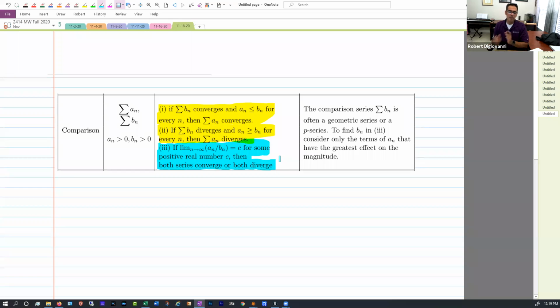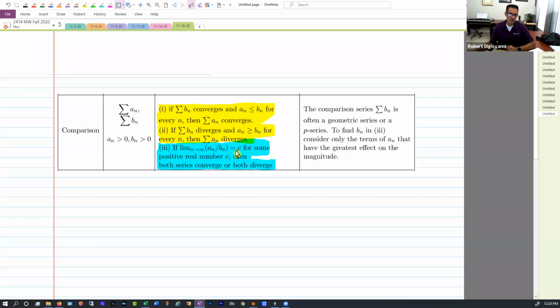What's in blue is another way you can run a comparison test where you don't have to do any inequalities at all. You know how we've been having to show this inequality is true? Everything is exactly the same. You start with something, you have to come up with something to compare it to, but instead of trying to show that these inequalities are true, all you have to do is take the limit as n goes to infinity of the ratio of the sequences.